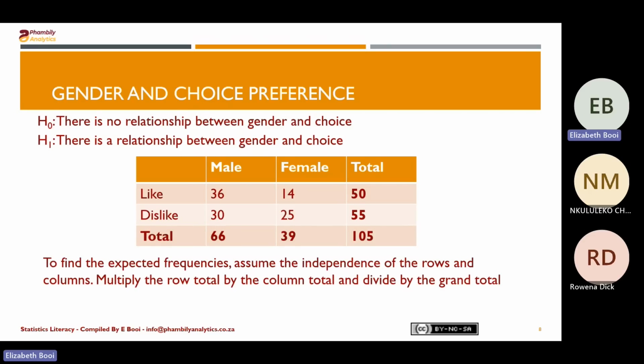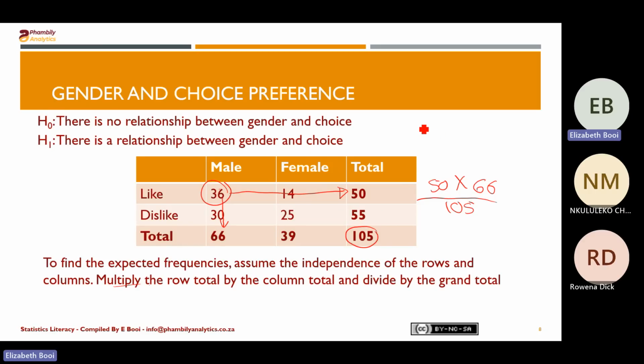Now we can find the expected frequencies, assuming that the rows and the columns are independent of one another, by multiplying the row total by the column total and dividing that by the grand total. So if we're going to calculate the expected value for 36, we take the row total, which is 50, multiply by the column total, 66, and divide by the grand total, which is 105.